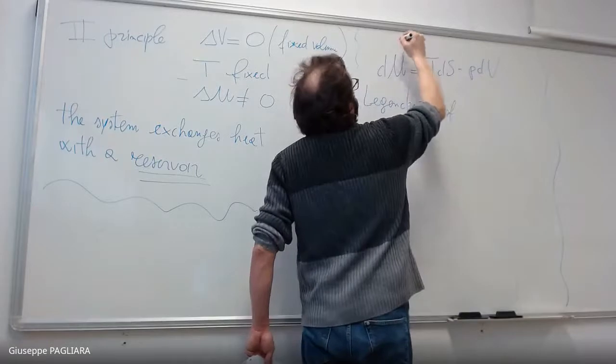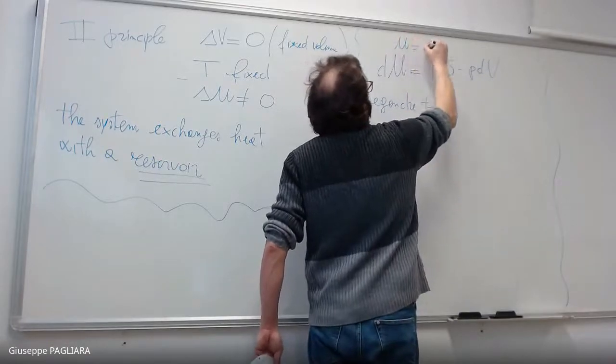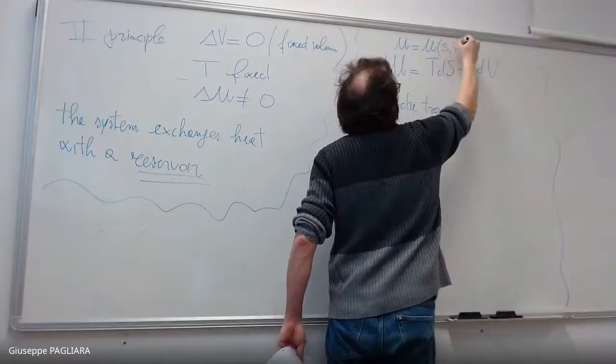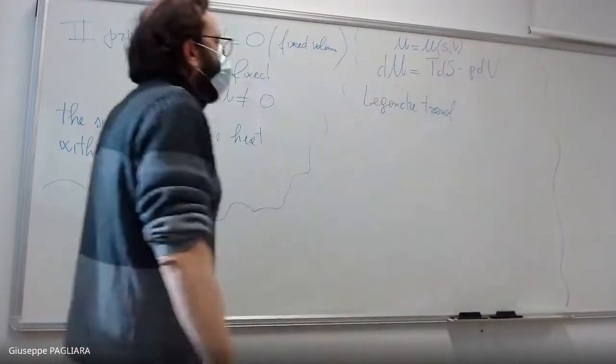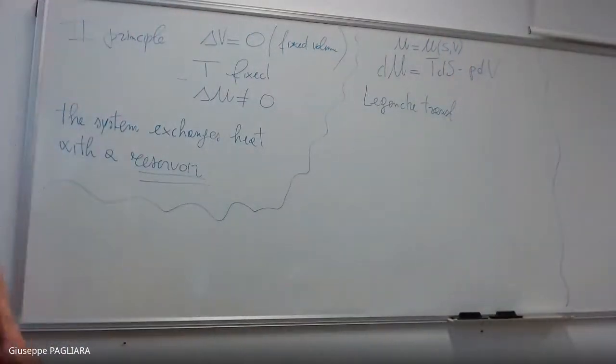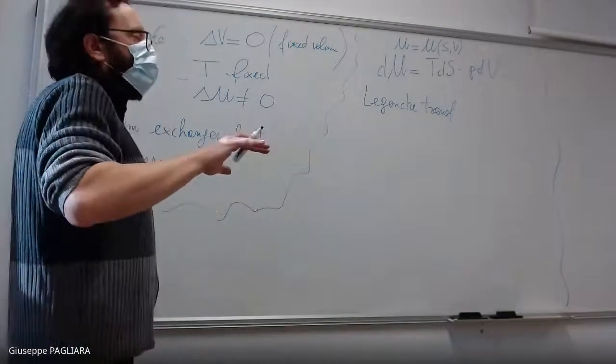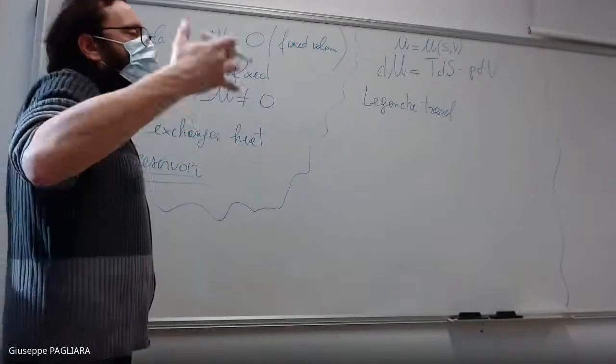From this relation, I see that U is a function, as I said before, of entropy and volume. Now, the Legendre transformation allows us to change the dependence of our potential, of our function, from the independent variables.